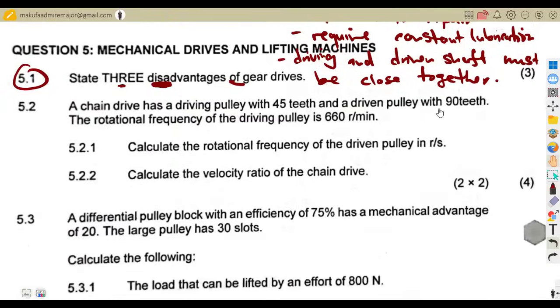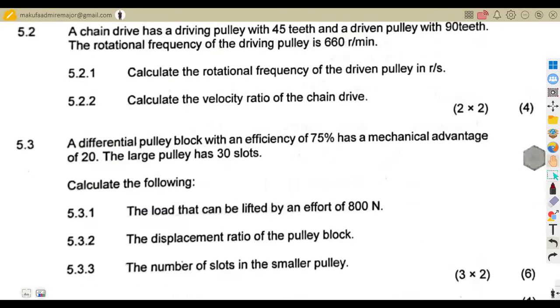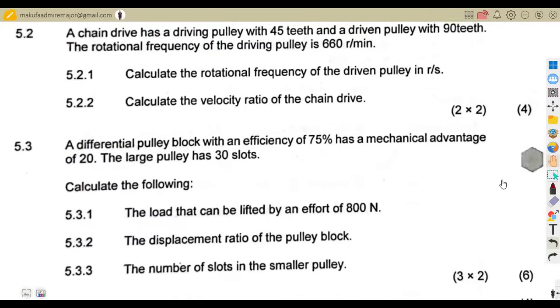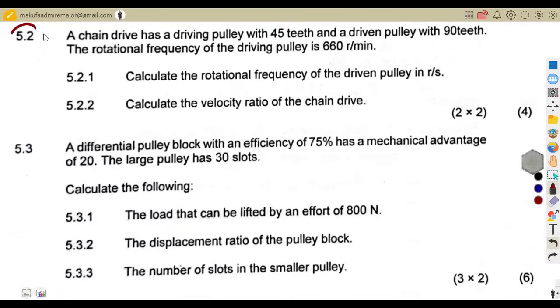All right, 5.2 is on a chain drive. If we check that question properly, they are saying a chain drive has a driving pulley with 45 teeth and the driven pulley with 90 teeth, and so forth.